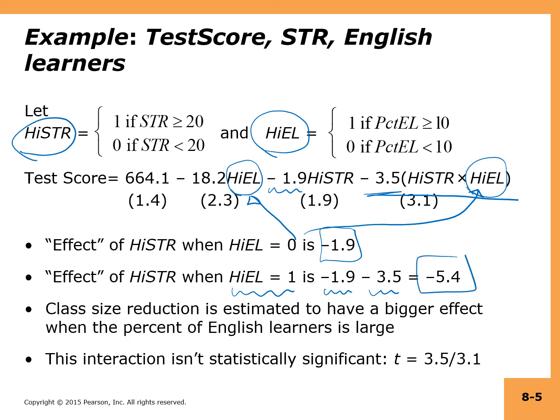So what this shows is that the effect of class size on test score is larger when you have a high percentage of English learners. However, when you look at the t-statistic for the interaction term, by dividing the coefficient by the standard error, you see that the interaction term is actually not statistically significant.